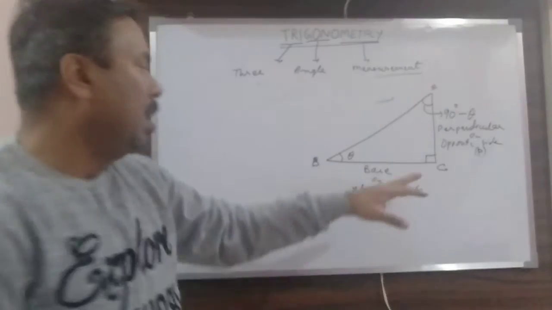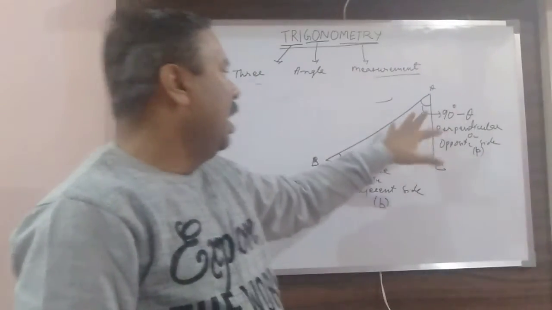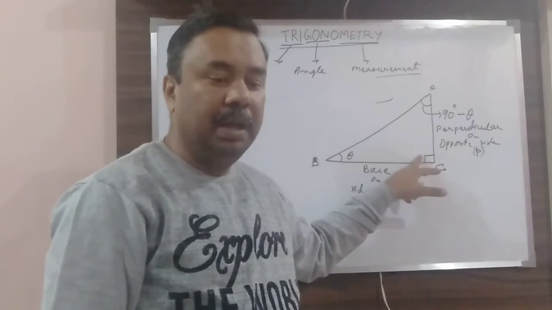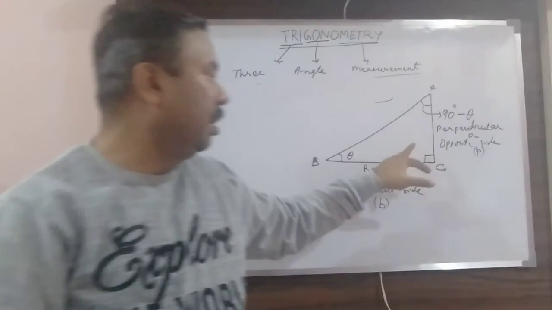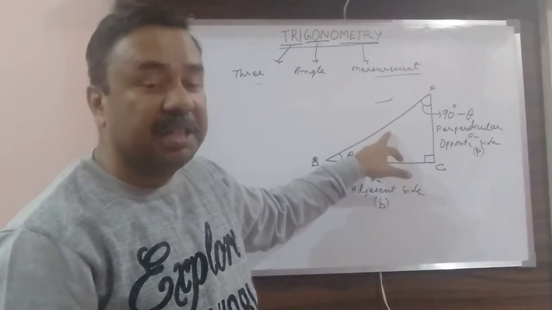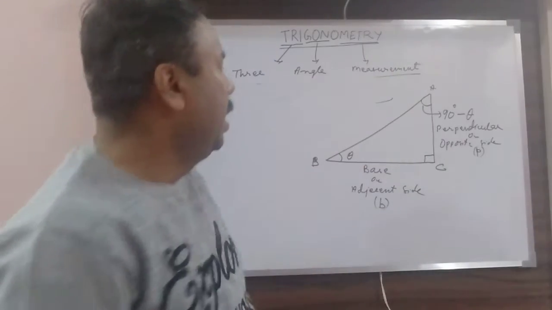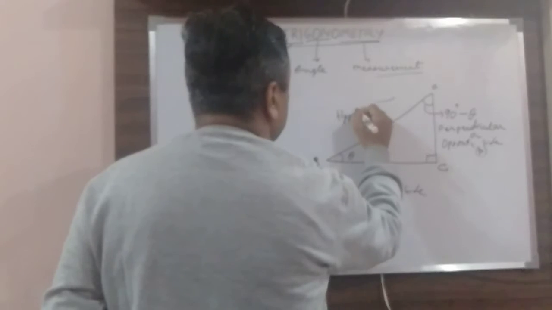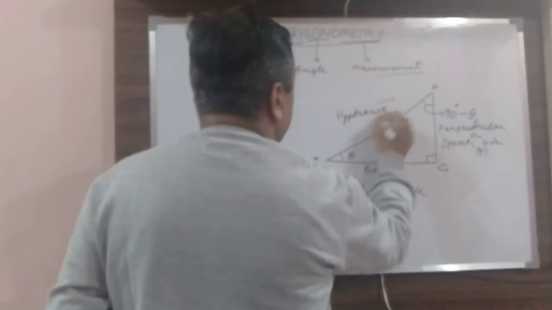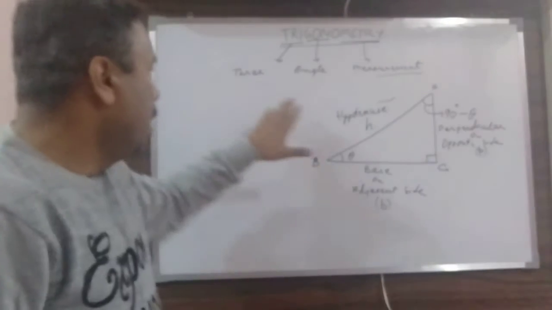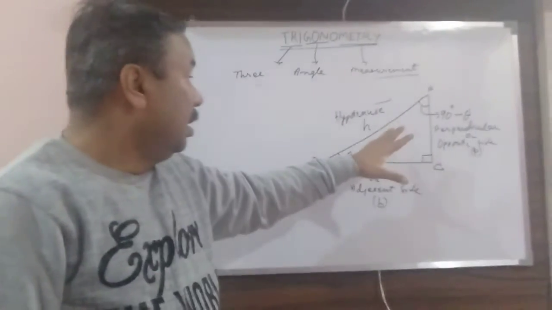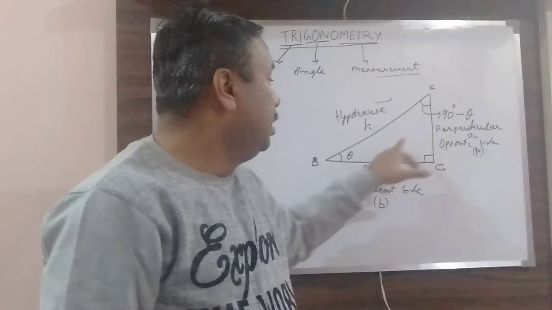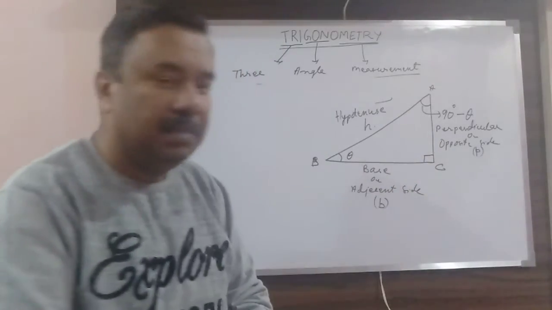It is represented by P, P for perpendicular. And the third side, that is opposite to the right angle, the angle of 90 degrees, is always the biggest side, the largest side, and it is called the hypotenuse, represented by H. Now there is one thing: the hypotenuse will always be the same, it will not change, but these two sides may change.